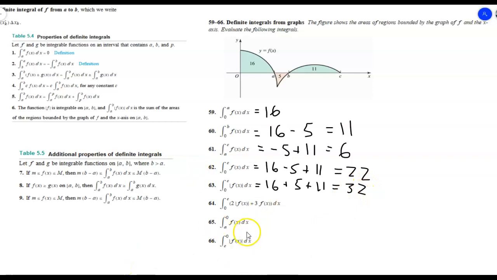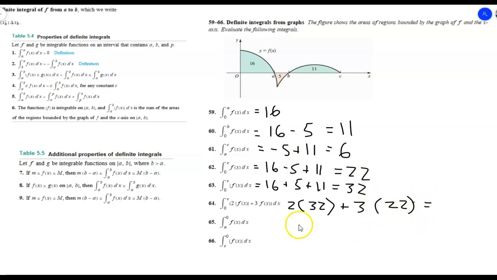All right, next one says from 0 to c, so from here to here, and we want 2 times the absolute value plus 3 times just the normal values. So this one should be 2 times, and we already know from 0 to c of the absolute value of f of x is 32, plus 3 times the net value from 0 to c, which we calculated up here, which is 22.